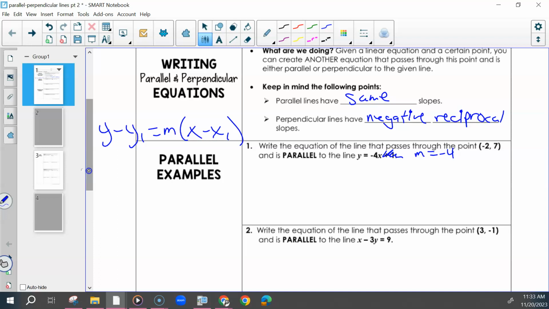So now you have your m, you have your x1, y1, and we're going to put it into the format. So y minus y1, so 7, equals our slope, negative 4, times x minus a negative 2, or you could just change that to plus. So if you write out x minus negative 2, you have to then change it to a plus. If you want to change it to a plus first, that's also fine.